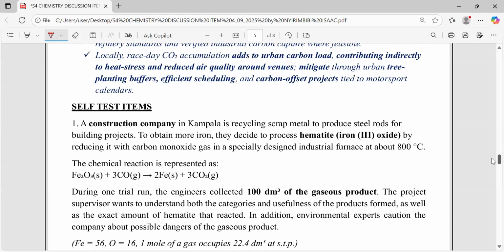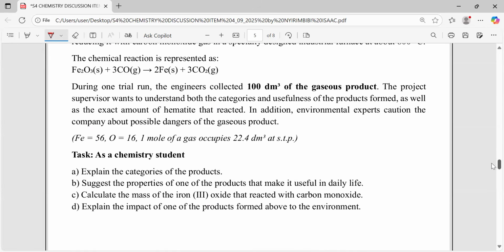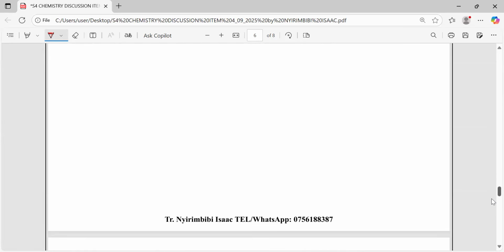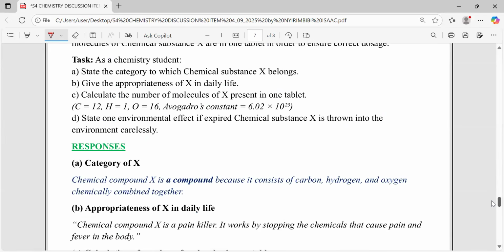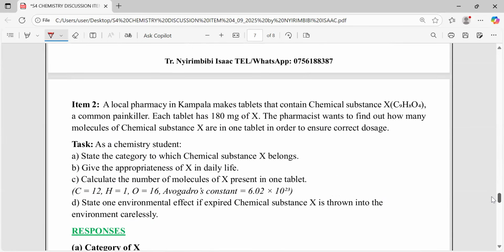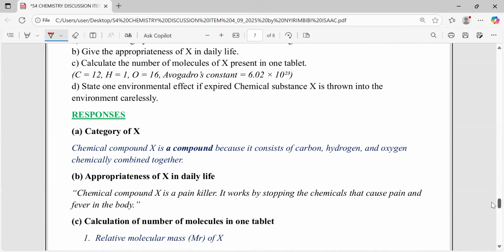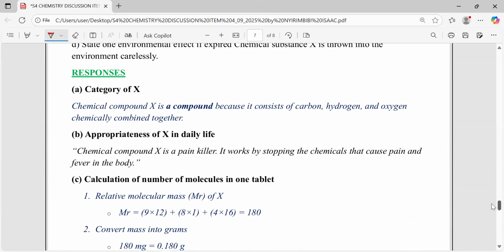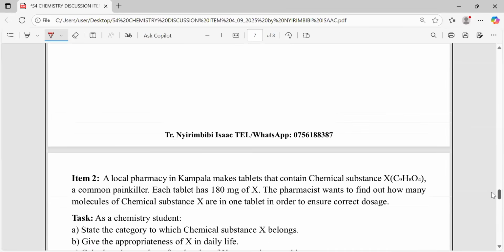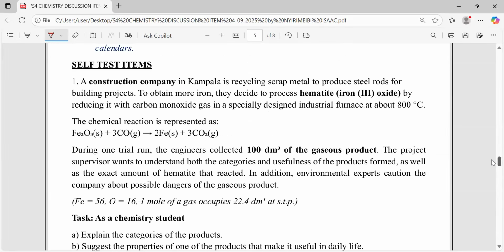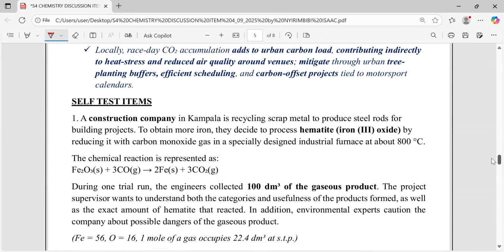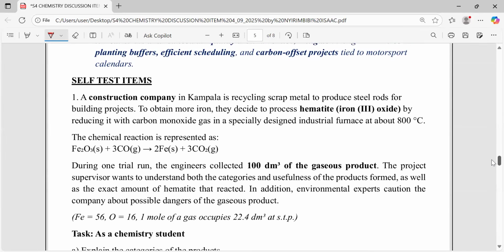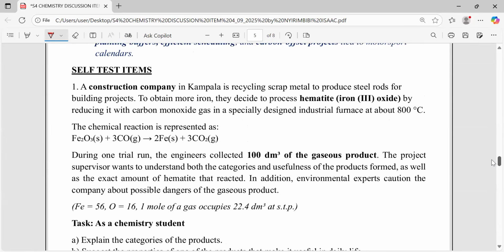When I put self-test, it is an item for you to test yourselves. And also down here, there is another item, item 2. I tried to solve it, but I wanted you to try it out without looking at the response. But we can try out this self-test item here, and we see whether we can get our answers right.